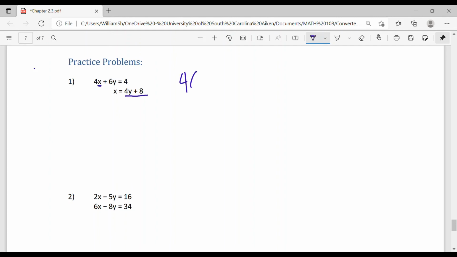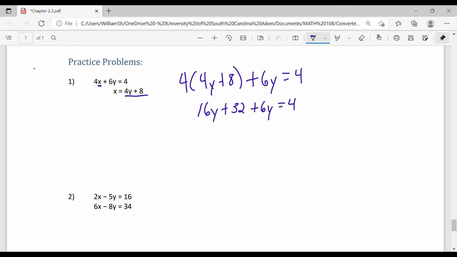So 4 times (4y plus 8) plus 6y equals 4. 4 times 4 is 16. 4 times 8 is 32. All right, wrote out the rest of the equation there. 16y and 6y should give you 22y plus 32 equals 4.